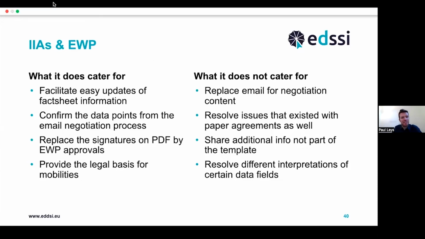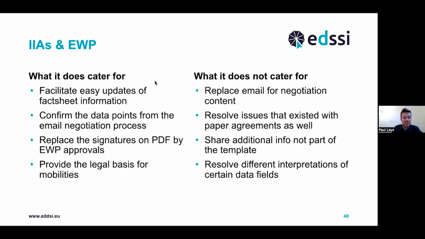But of course, this is paper. You need to find a way to share it with students. With EWP, this is very easy because you don't need to exchange fact sheets. You can easily exchange fact sheet information, and updates are shared on the go with the partner universities.